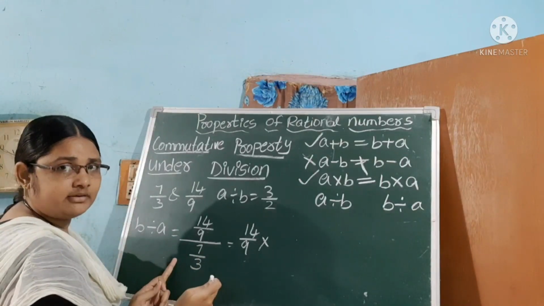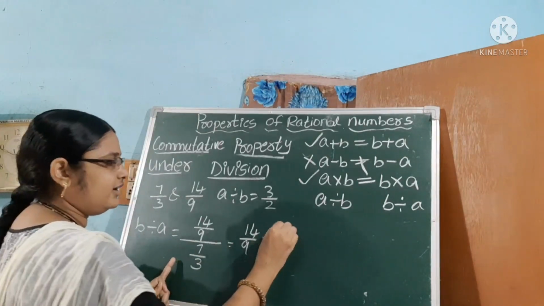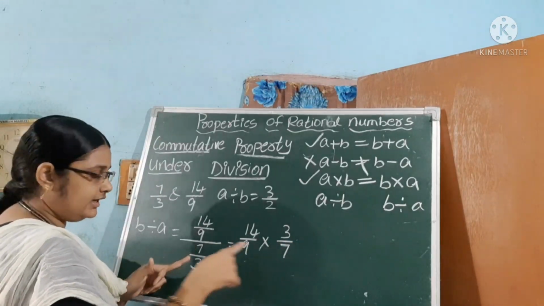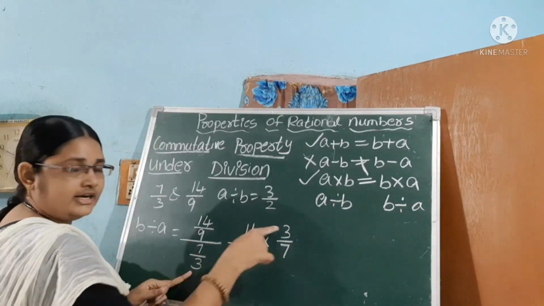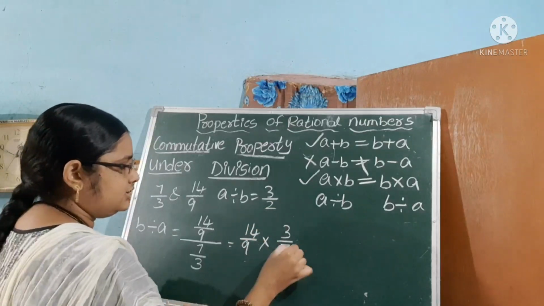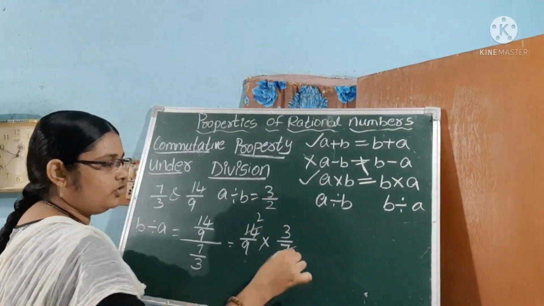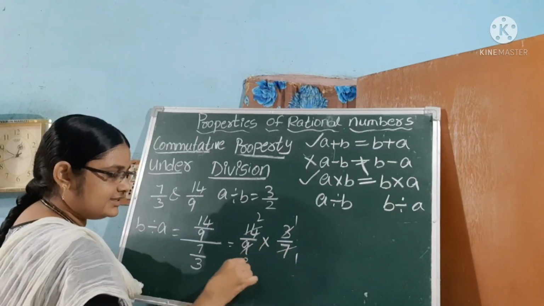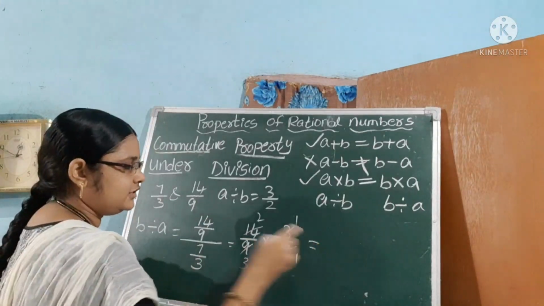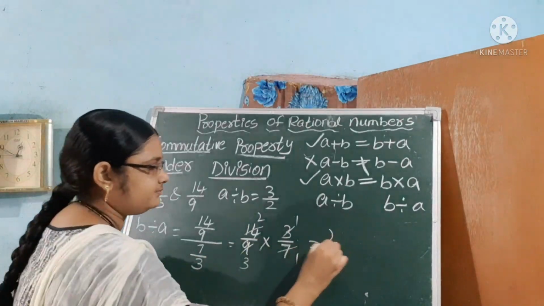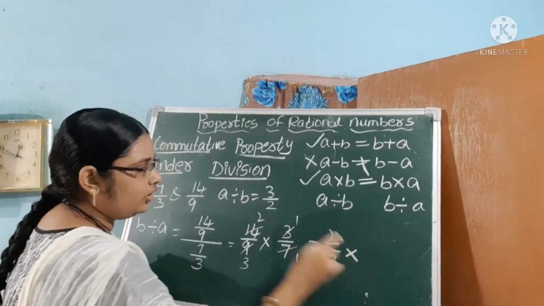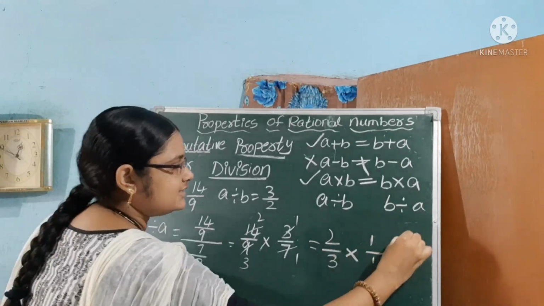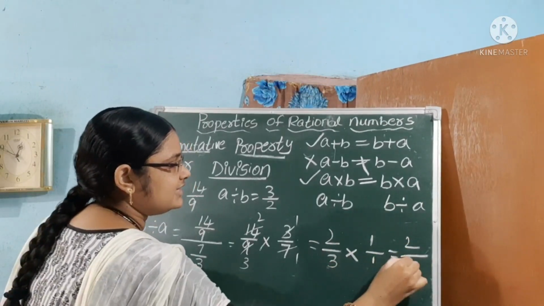What is the reciprocal of 7 by 3? 3 by 7. 7 2s are 14, 7 1s are 7, 3 1s are 3, 3 3s are 9. So 2 by 3 into 1 by 1, that means 2 1s are 2 and 3 1s are 3.